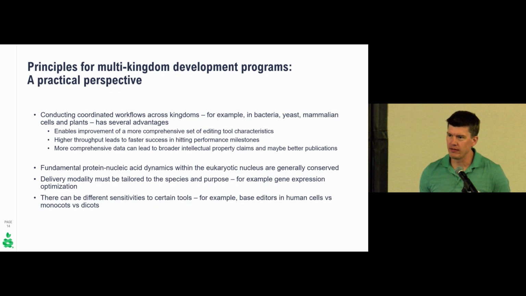And in dicots, there's even greater sensitivity. We found practical workarounds to that, so we didn't delve too deep into the biology, but it was an interesting observation that doesn't seem to be true of cutters or other types of CRISPR tools.